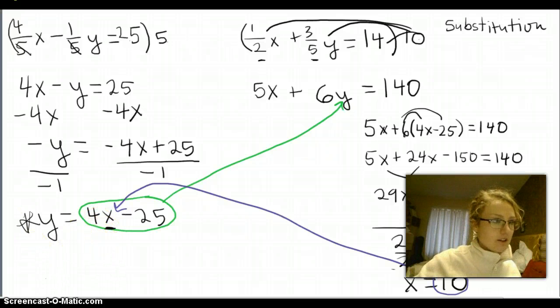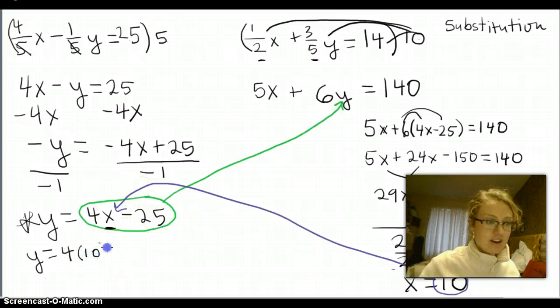Okay, let's go ahead and rewrite this now. So we have y is equal to 4, and then we're putting in 10 for x, because we know now it's not a secret anymore what x is, minus 25, and I get that y is equal to 40 minus 25, and we know that that is equal to 15.